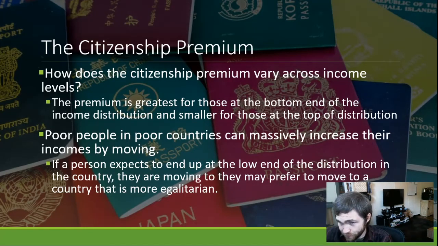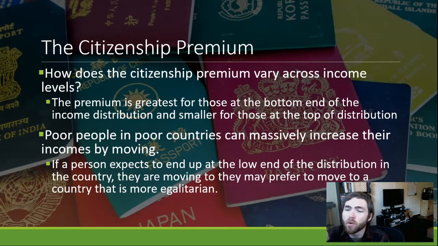So it's also important to think about this citizenship premium across income levels. For instance, if you're a very poor person in a very poor country, you might have a lot more to gain from moving location than a very rich person. So the premium is greatest for those at the bottom end of the distribution and smaller for those at the top.